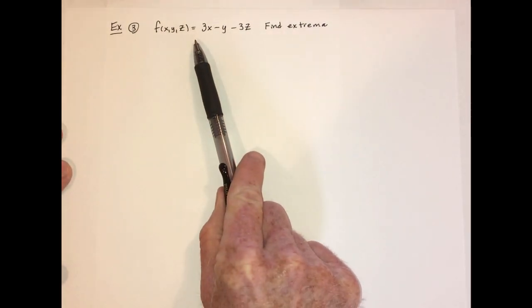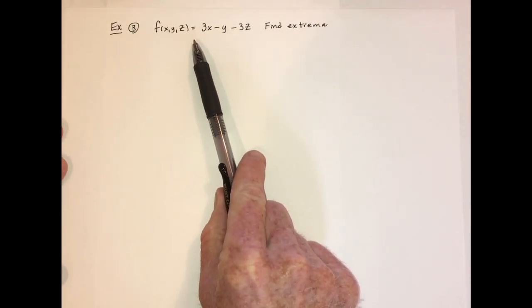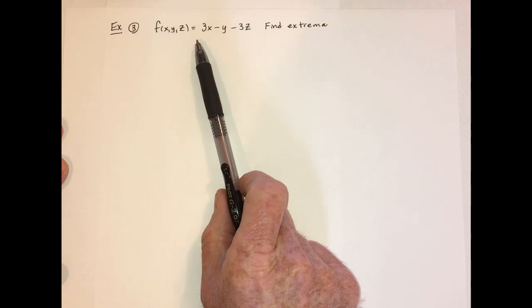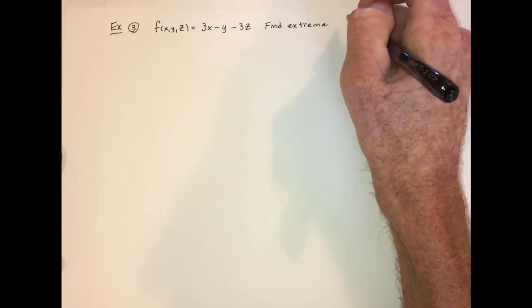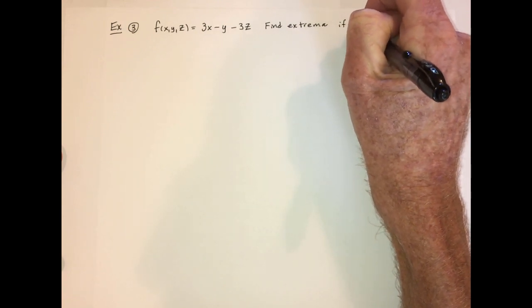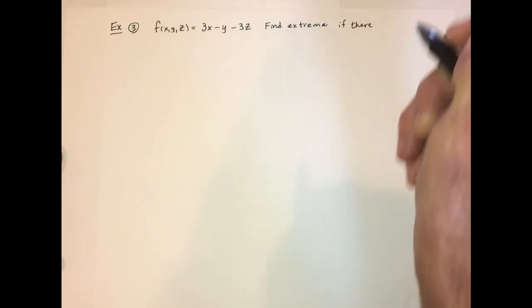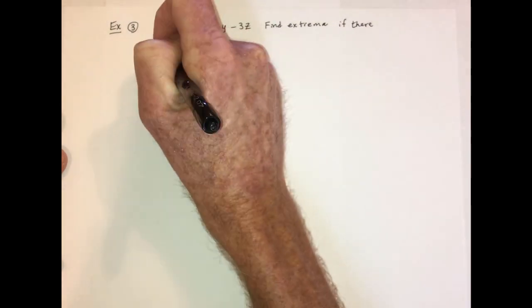So for the third and final example of this section, find the extrema for this function. And then you're saying to yourself, self, didn't we already do this? Well, let's make it a little more fun. What if there's two constraints?